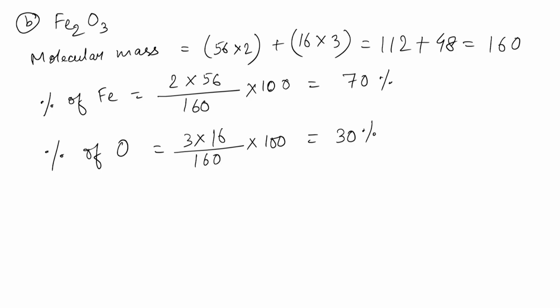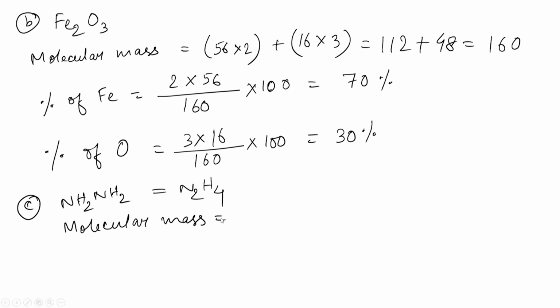Now, the third molecule. The third molecule is NH2NH2, which we can say is hydrazine. NH2NH2 can be written as N2H4, right? So, we will find out the molecular mass.